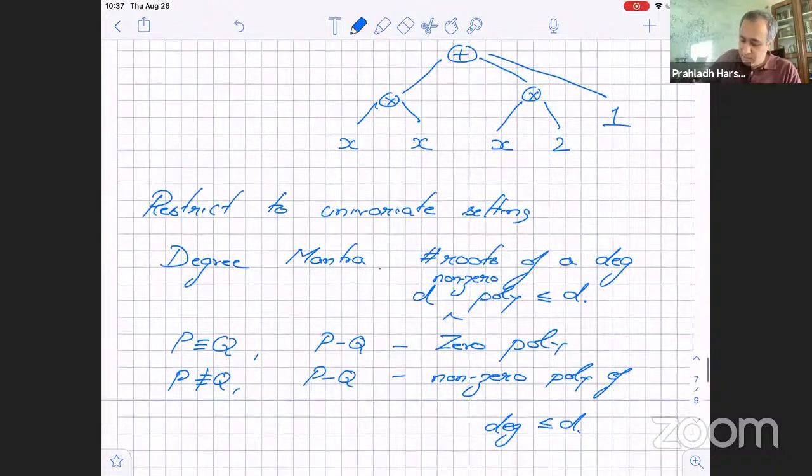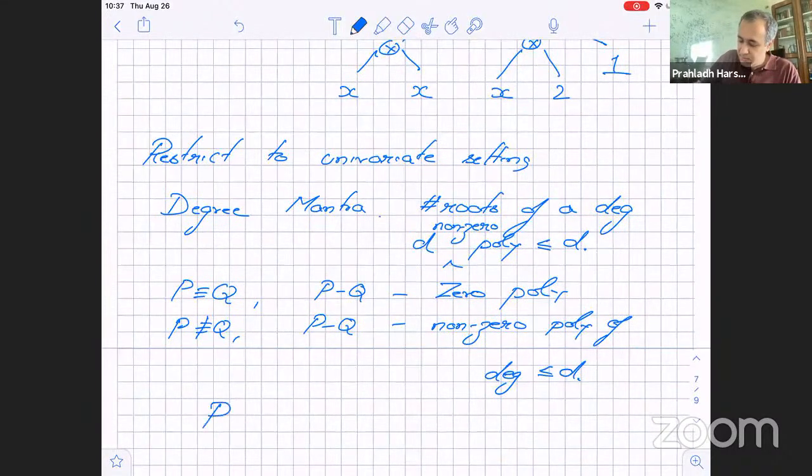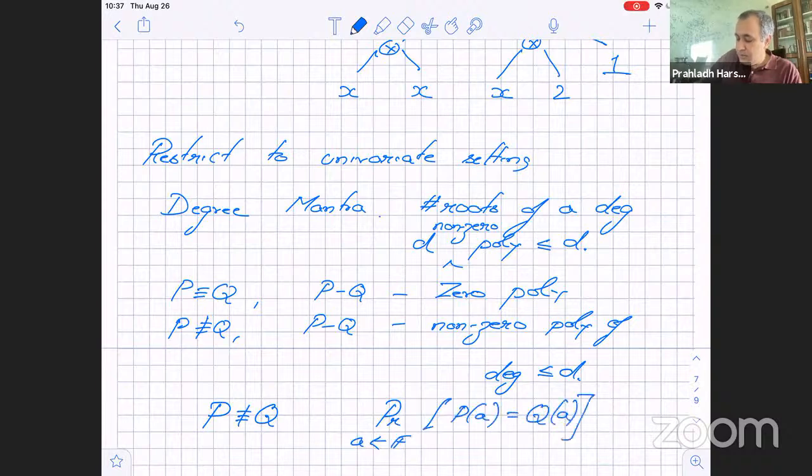So what Amit just said is, in the univariate case, if p is not equal to q, and I pick a random point a in the field and I look at whether p(a) equals q(a), this probability will always be less than or equal to d over the size of the field.